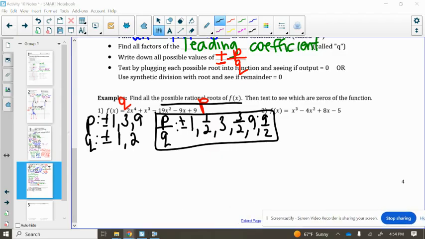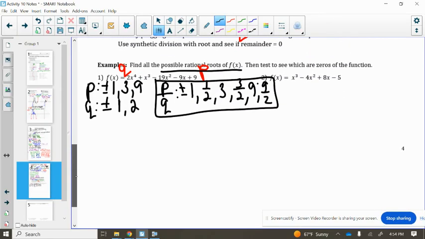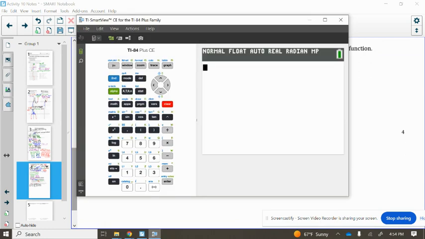Now, how would we actually test which of these work to be our roots? So we would take our value, for instance, 1, and we would plug this in: 2 times 1 to the 4th power, plus 1 to the 3rd power, minus 19 times 1 squared, minus 9 times 1, plus 9.